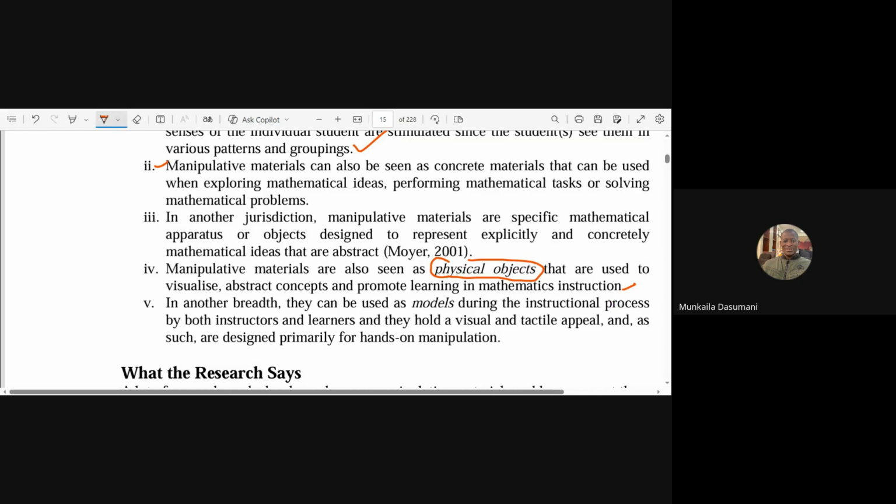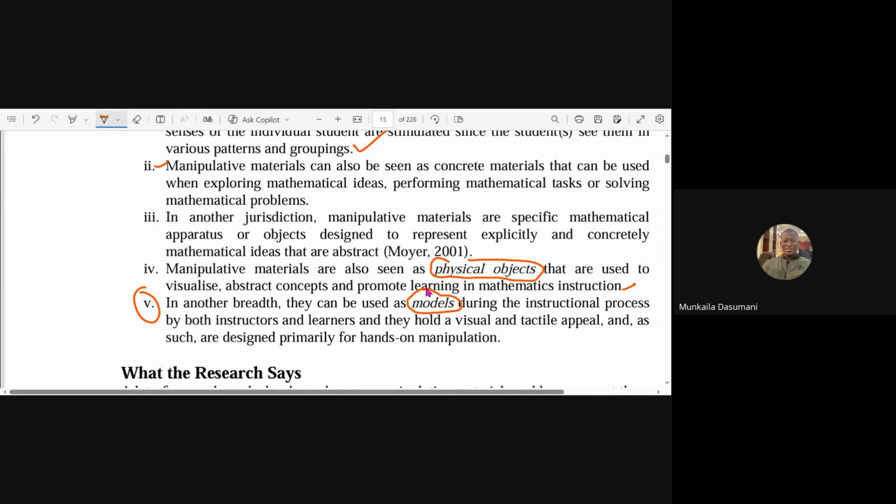To help students understand. So whatever I'm talking about is more of repetition. You see, there's no difference between the first, second, and third point. We have different wording, but you can see they all have the same idea. Maybe the one I'll talk about is the last one. That is, they can be used as models, and these models are very, very important.